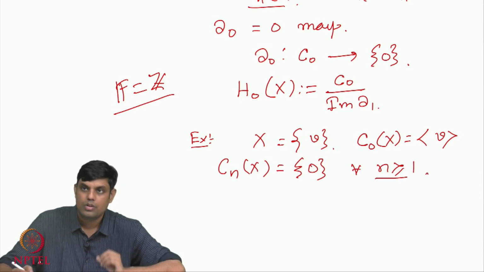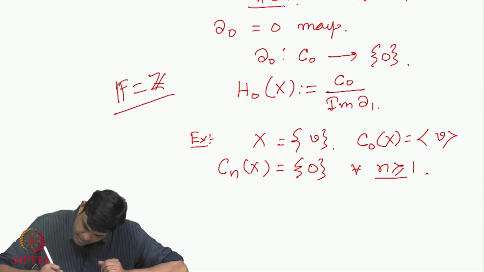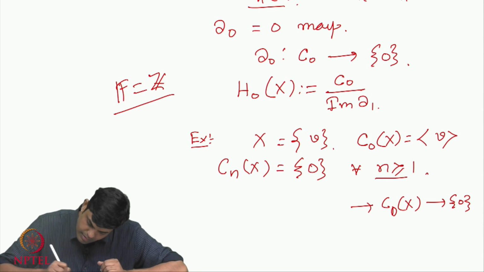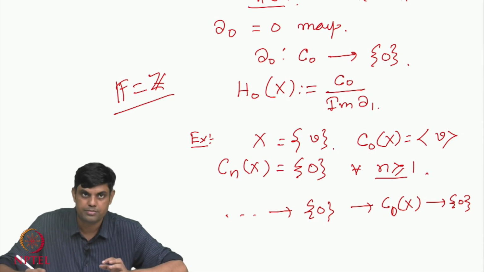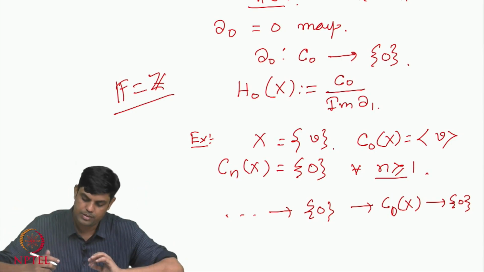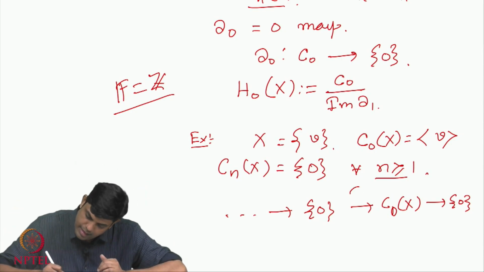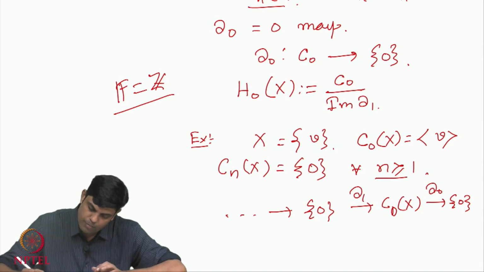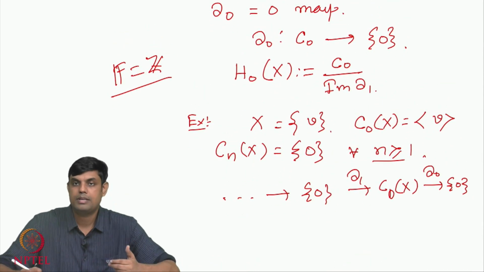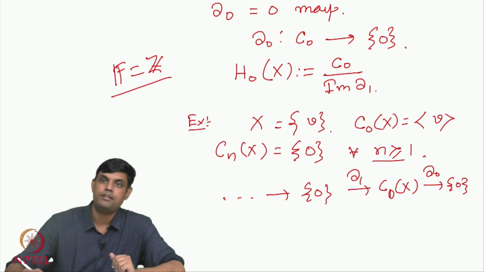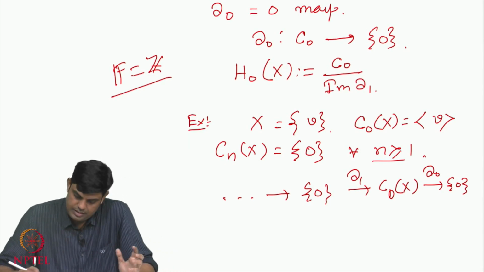So, all I have is this picture where I have C_1(X), C_0(X), and then here I have the 0 group, here I have the 0 group. Everything else on this side is 0, so the homologies of higher dimension automatically become 0, because we have only 0 groups, and every subgroup of 0 is 0. Here I have the boundary map, here I have the 0 map. All I have to check is the image of delta, which is 0, because it is a 0 map.